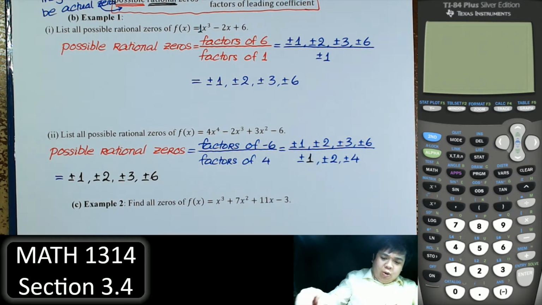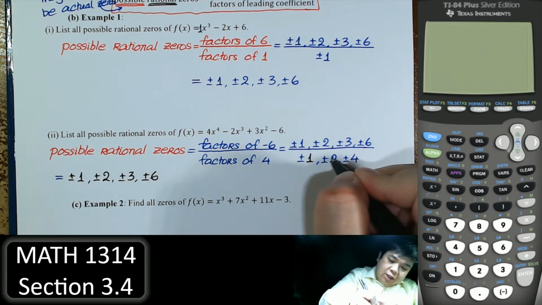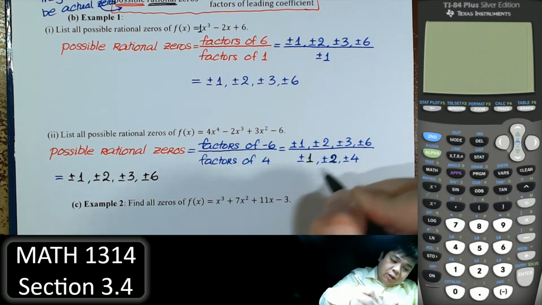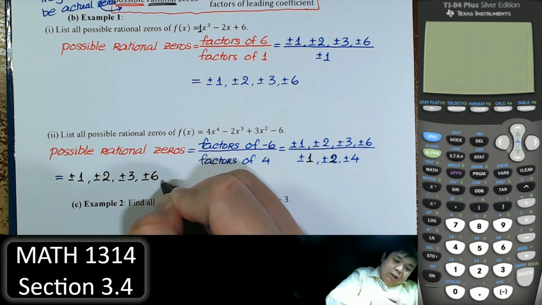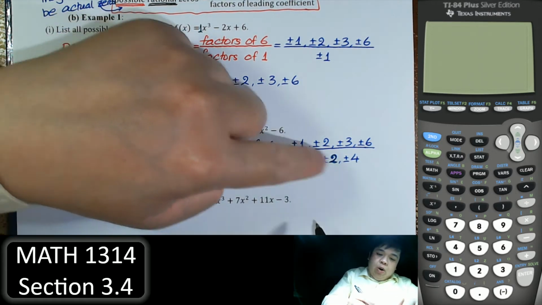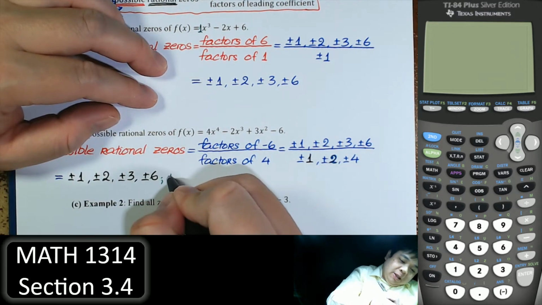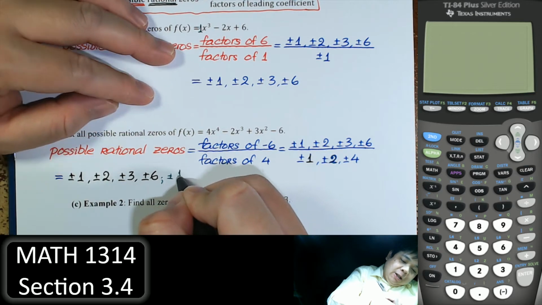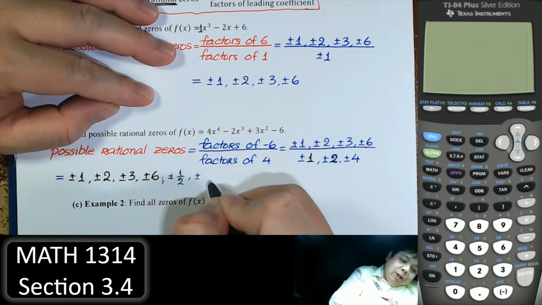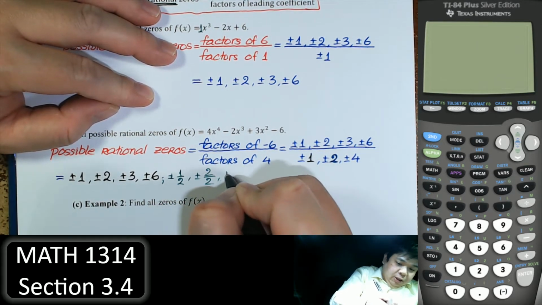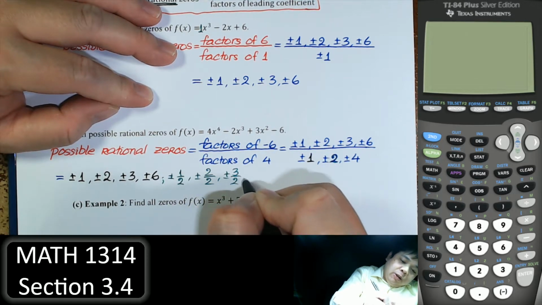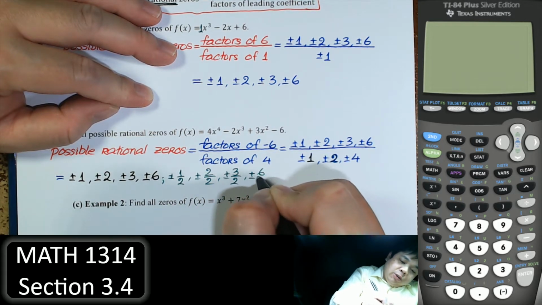Now if we take all the numbers on top divided by 2, then we have 1 over 2, 2 over 2, 3 over 2, and 6 over 2.